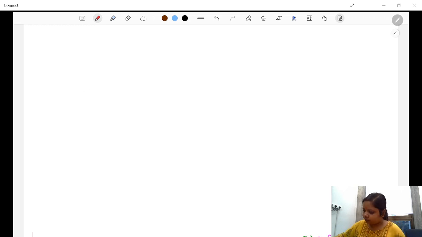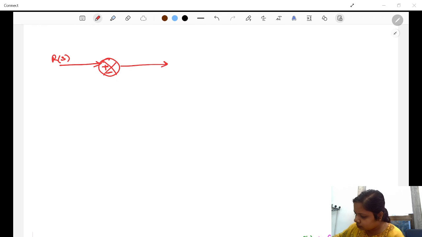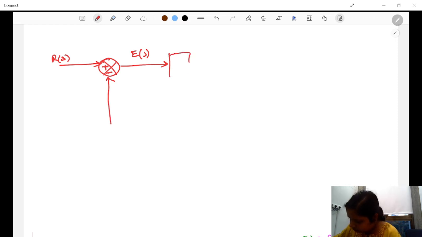So let's say, what was the actual control diagram? So this is my reference input. Okay. Then I have this summing block. This is my error. Error comes somewhere from the feedback that I'll draw. The error is passed to the controller system.